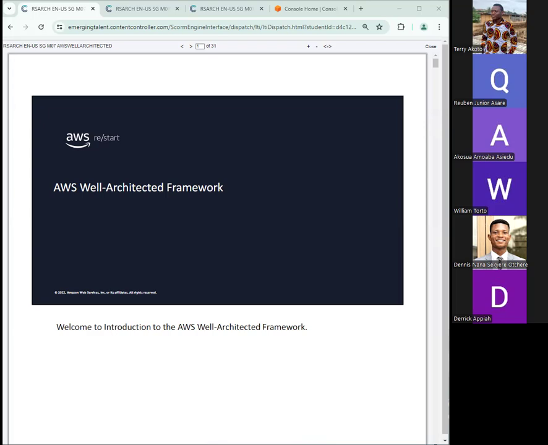The next one is security, which includes the ability to protect data, systems, and assets to take advantage of cloud technologies. It also helps to improve security as well. The next one is reliability, which encompasses the ability of a workload to perform its intended function correctly and also consistently when it's expected to. So these are the three that I want to talk about.